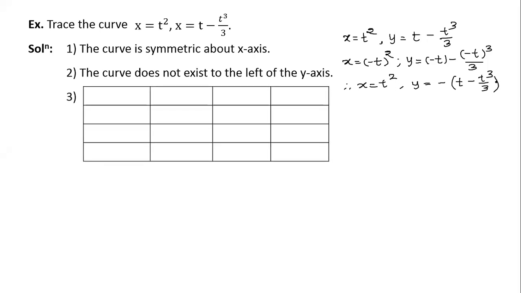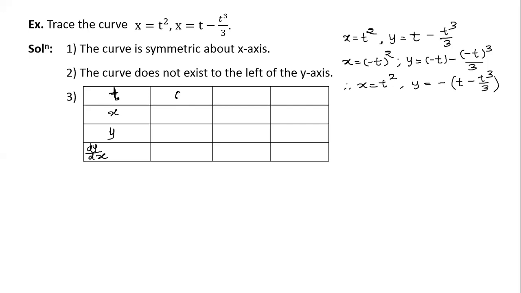Then let us have some combinations of t, x, y and dy by dx. How to identify different values of t? Those should be such that either x or y should be 0.